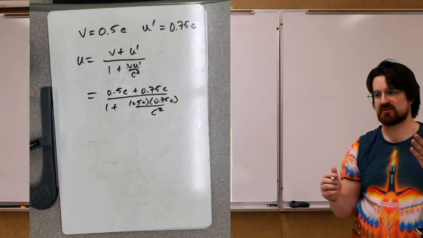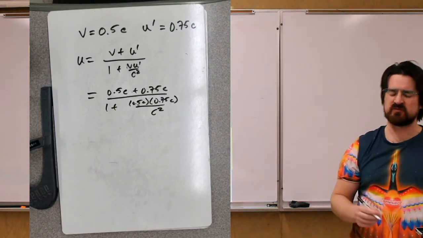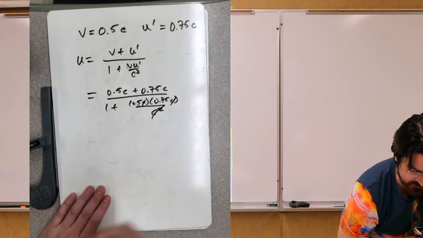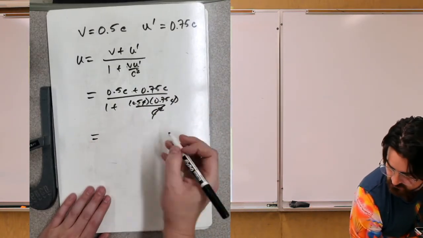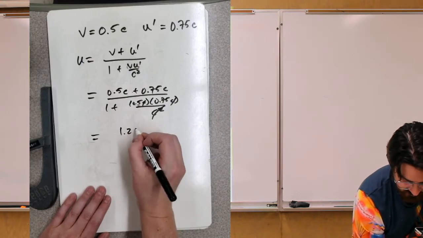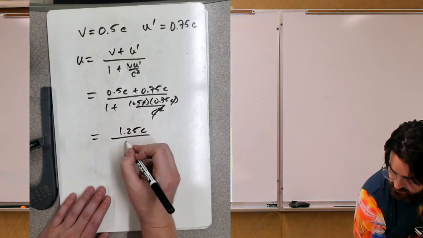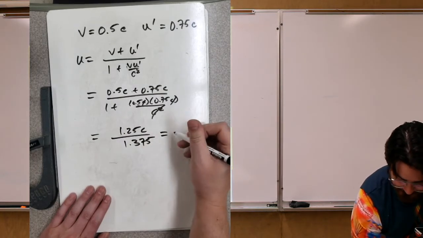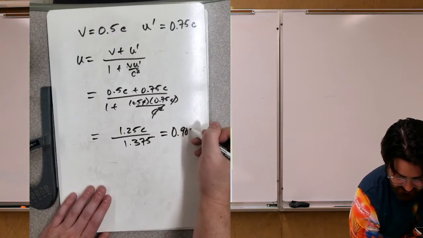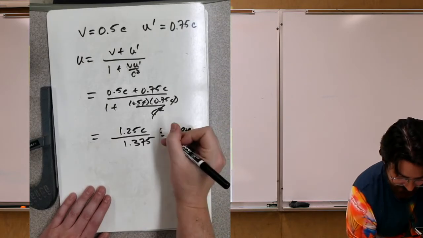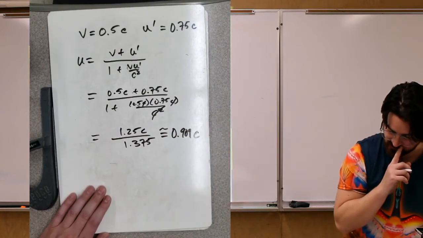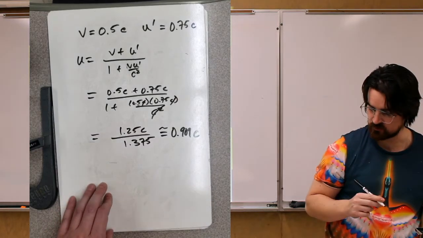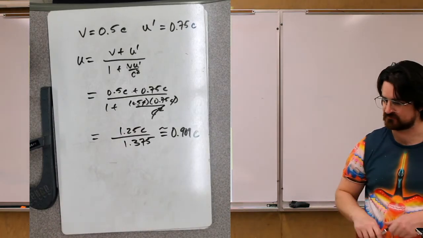when all the velocities are given relative to the speed of light, all this stuff usually works out pretty nicely. And this looks like 1.25 c over 1.375, which turns out to be about 0.909 c, right? Or about 91% the speed of light.